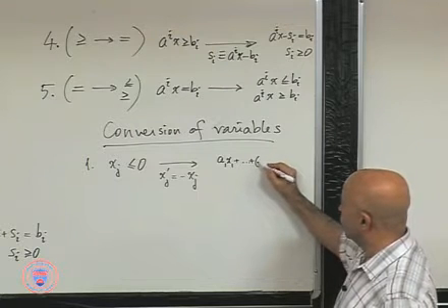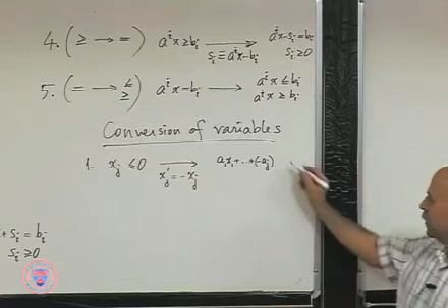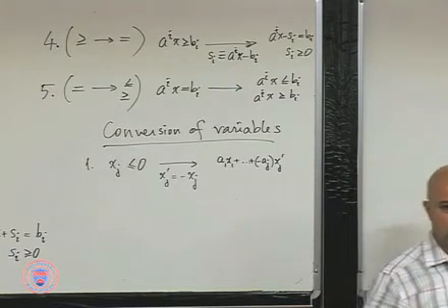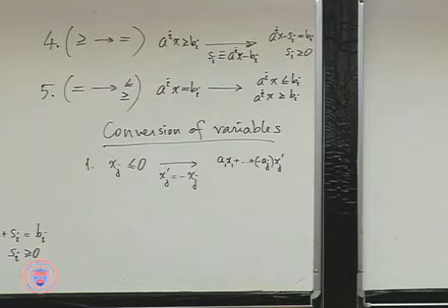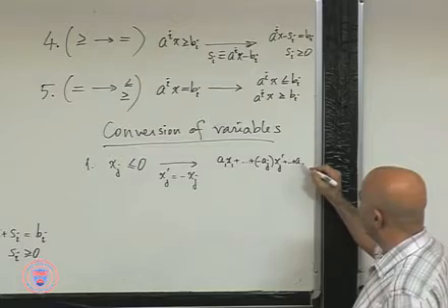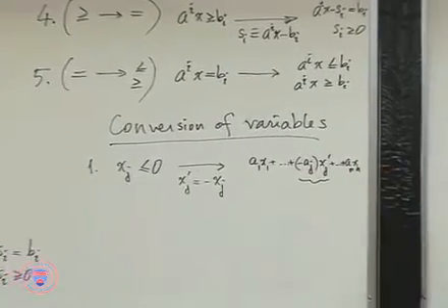So for the jth column, you have the negative of the old column times xj prime, because now xj prime stands for the negative of xj. Okay? Plus, up to the last one. So the other ones don't change. This is the only one that changes here.